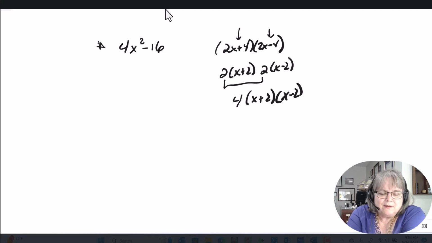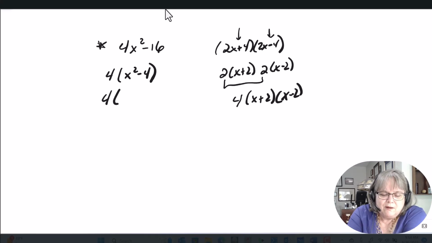But let's go back and look at the start. If you always start off with, is there anything in common I can factor out? That's a good habit to get into, because if you had looked at that, you would have said, oh, 4 is in common, so let's factor out the 4, and that would leave you x squared minus 4 immediately.